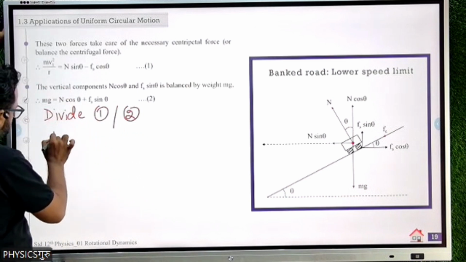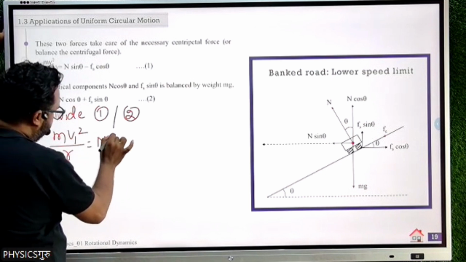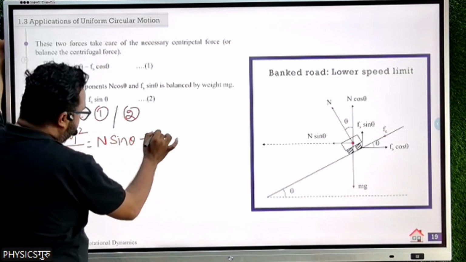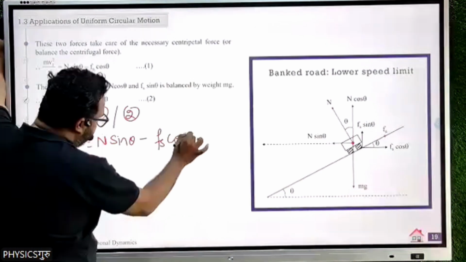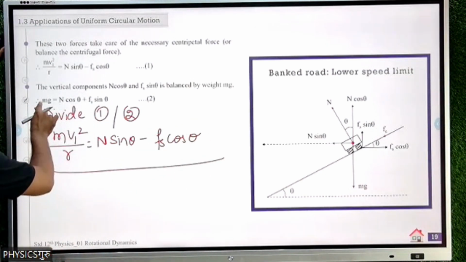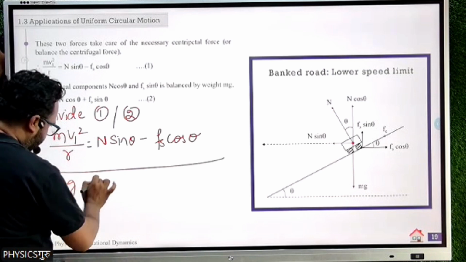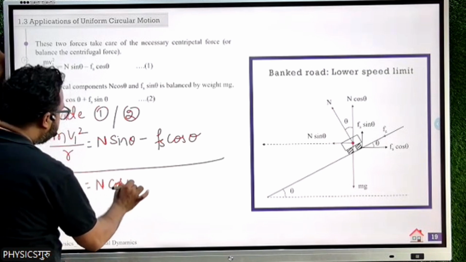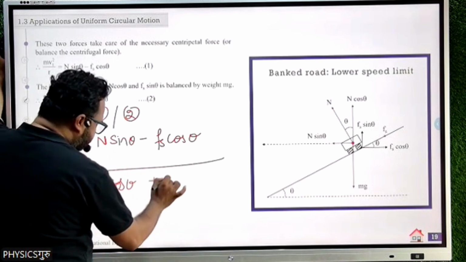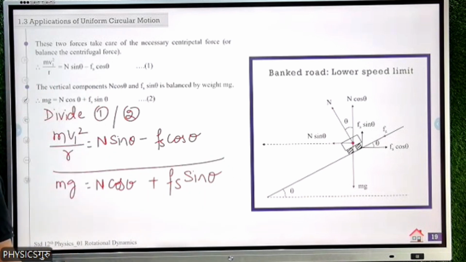So we have equation 1 as mv square over r is equal to N sin theta minus Fs cos theta, over mg is equal to N cos theta plus Fs sin theta.